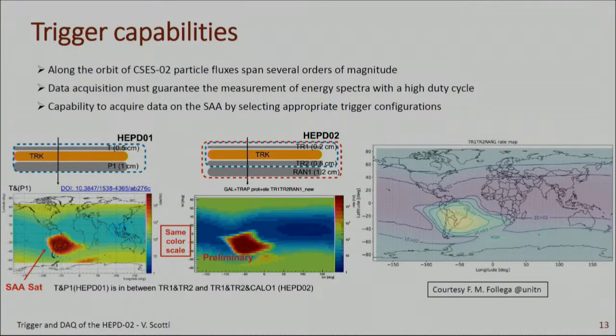But we have to guarantee that the data acquisition is performed at the kilohertz rate, because that is the amount that we can transfer to ground. And we were able to see that we can select a trigger configuration which allows us to not only collect data on the South Atlantic anomaly, but also to trigger on particular particles in this area.